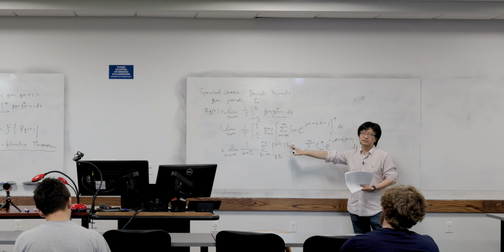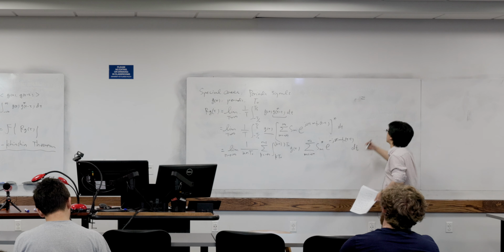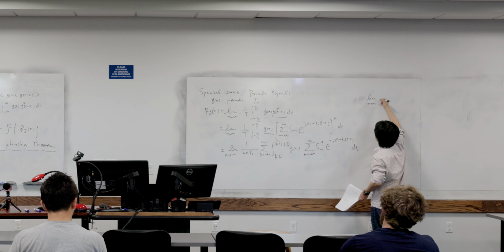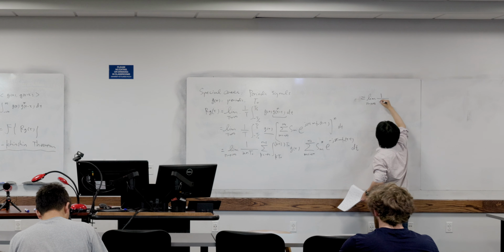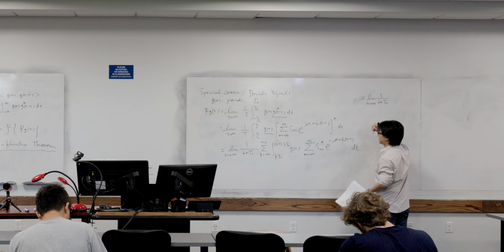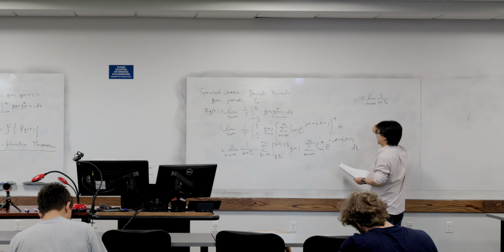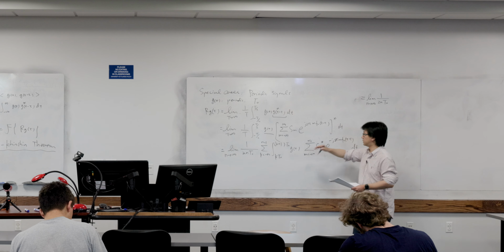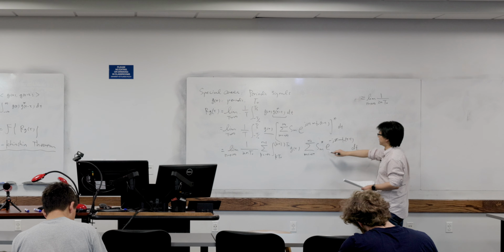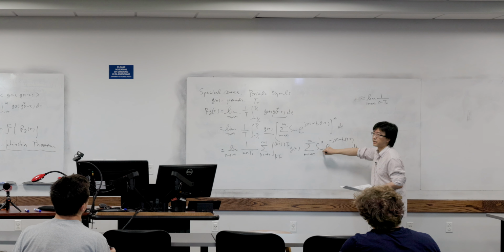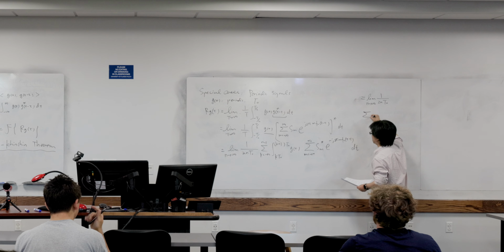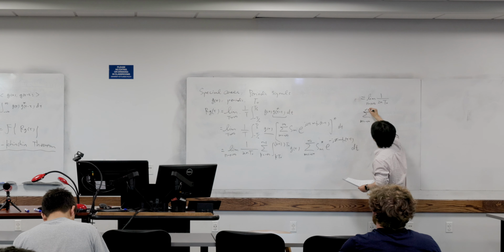So we have 1 over 2n t naught, and then we write this out. The summation over m has nothing to do with t, so we can take that out.